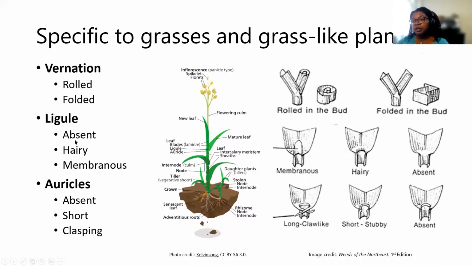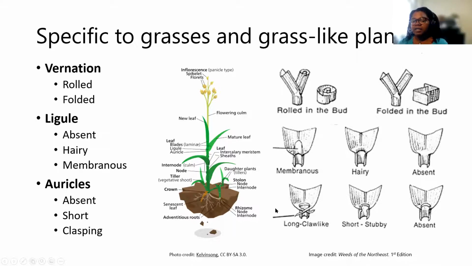Third is the ligule, and you can't really see it in this image over here, but here are zoomed in drawings of ligules. They are small outgrowths found at the base of a leaf blade on monocots. It's not present on all monocots and is generally described as membranous, hairy, and absent. And then finally, auricles.